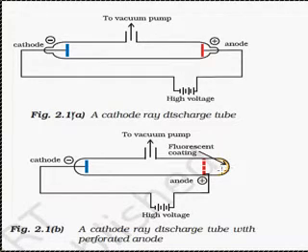So here is the coating of zinc sulfide. When these rays, after passing through the anode, strike the zinc sulfide coating, a bright spot is developed on the coating.